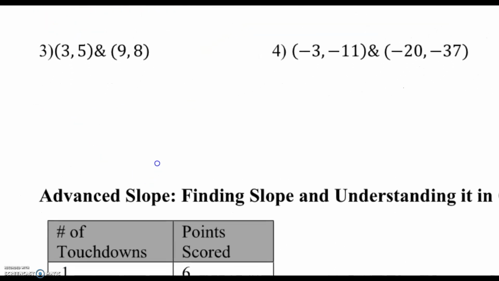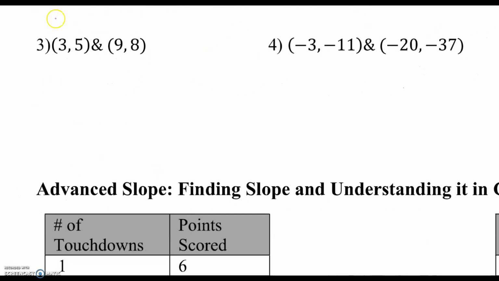What about from ordered pairs? Now I want to label x1, y1, x2, y2, the first ordered pair and then the second ordered pair. For the first, I just put the little 1s, and for the second, the little 2s. Now I use the formula, y2 minus y1 over x2 minus x1.